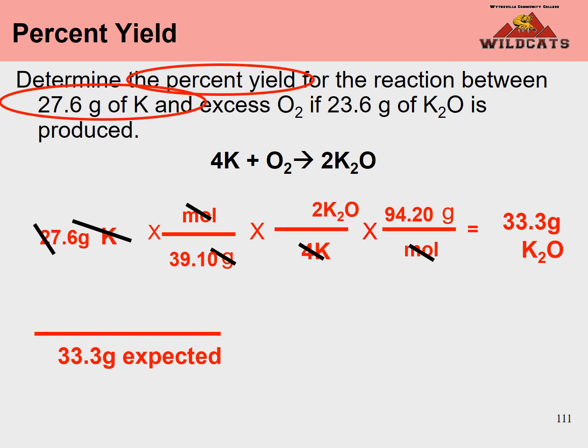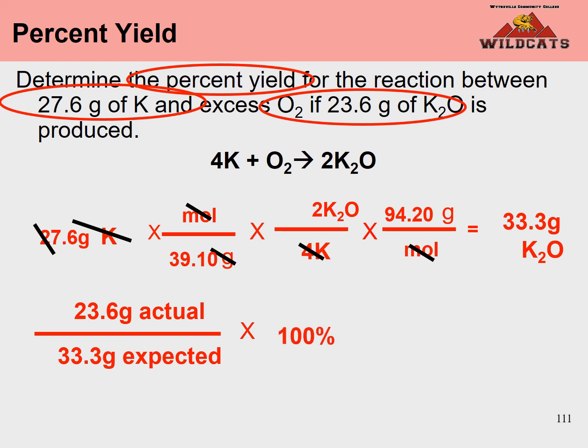So if you remember, 33.3 grams expected, it's actual over expected. Whoever did this experiment got 23.6 grams. Multiply that by 100% to turn it into a percent. And we end up with 70.9% as our percent yield.